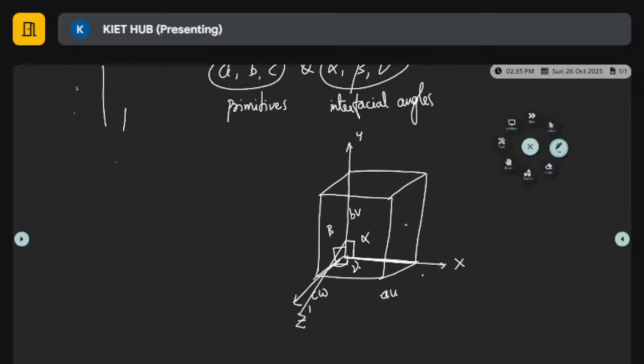How many times we repeated? Means A, B, C are integers, I can say. So here we call them primitives. So ABC, alpha, beta, gamma are used to represent the unit cell of a crystal. Okay? Right.